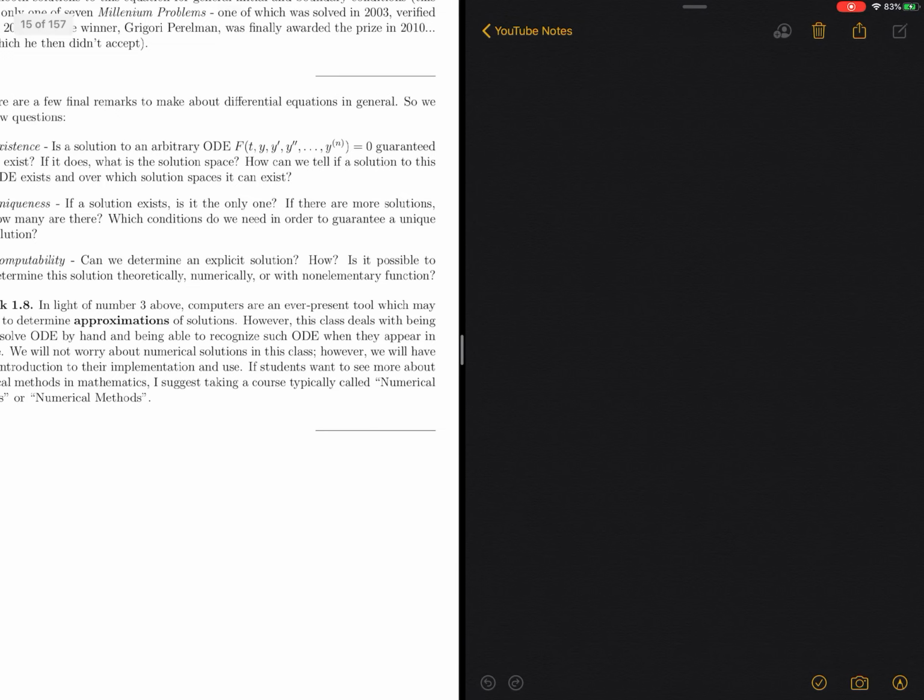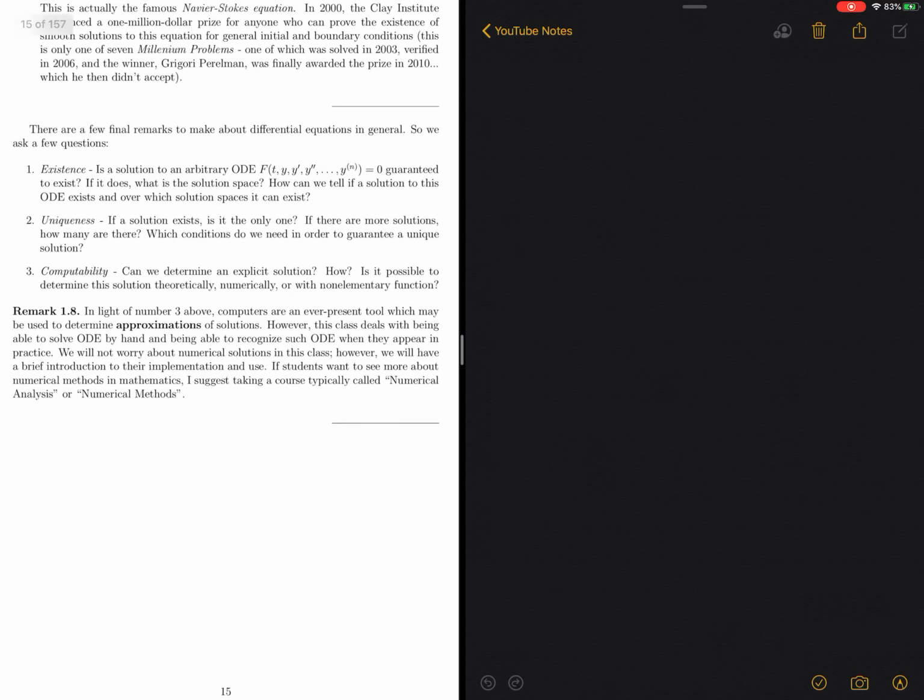But to give you some context of where we're going, when we try to come up with a solution for a differential equation, we would like to know, first of all, whether or not that solution even exists. If I have a general ODE, I may or may not be guaranteed a solution exists.